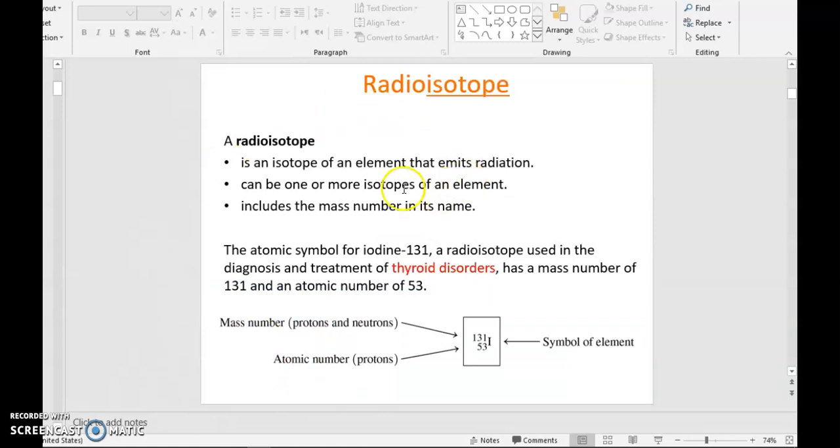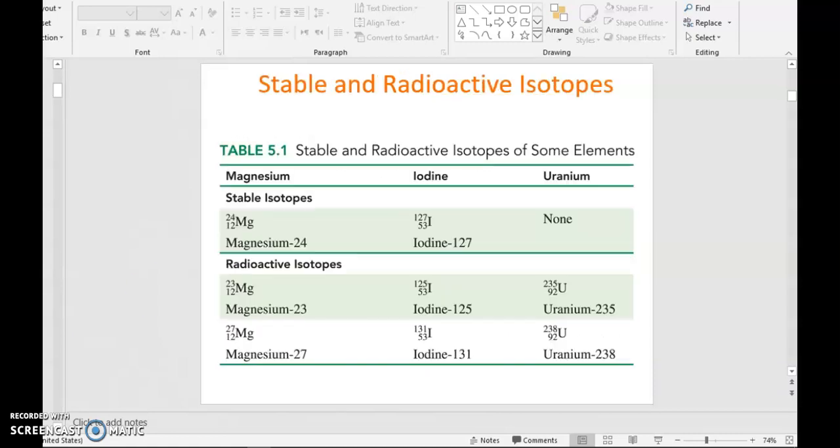It's an isotope because it has different numbers of neutrons, and radio because it releases or emits radiation. When we write down the isotope, we always use the mass number. For example, the iodine isotope we call iodine 131.